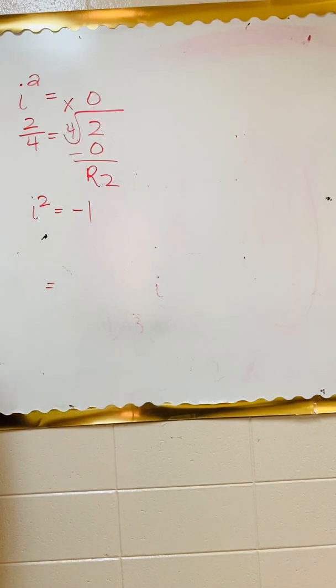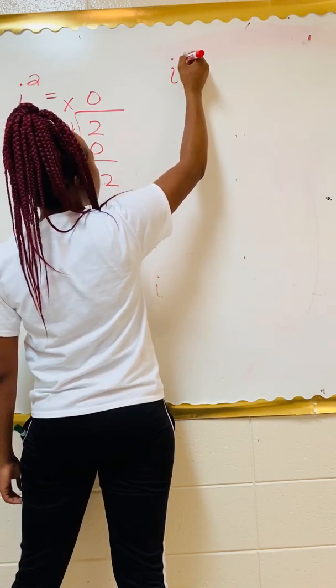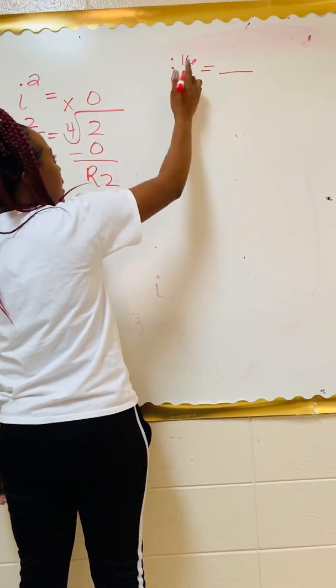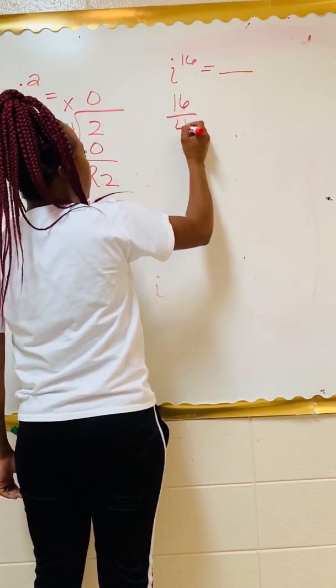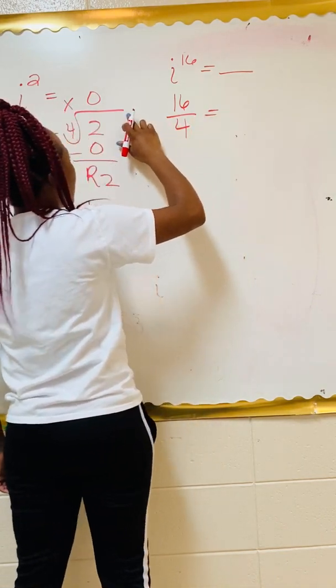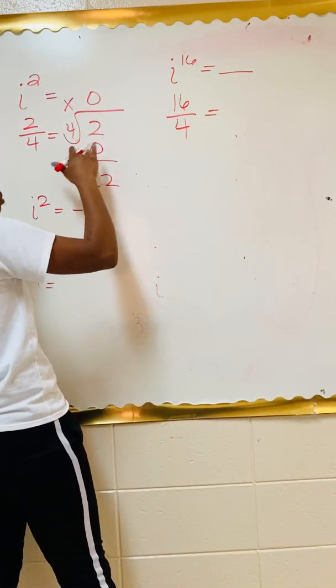Moving on to another example. Let's do i to the 16. What does that equal? Again, you take the exponent and divide it by 4, so your 4 is always going to be on the bottom. When you rewrite using that little division symbol, it's not really a radical symbol, it's a division symbol, so don't get it mixed up.